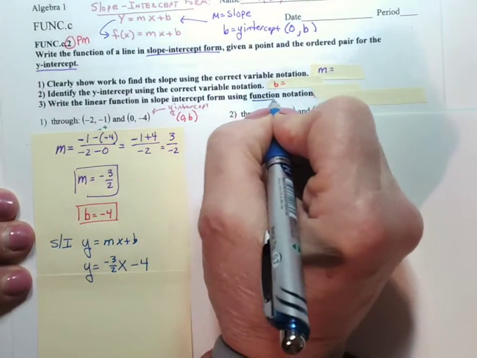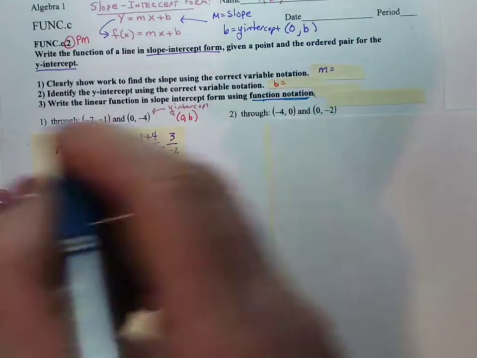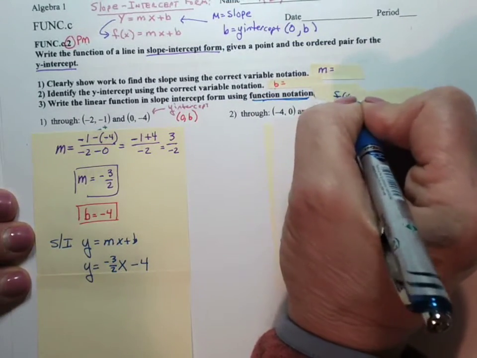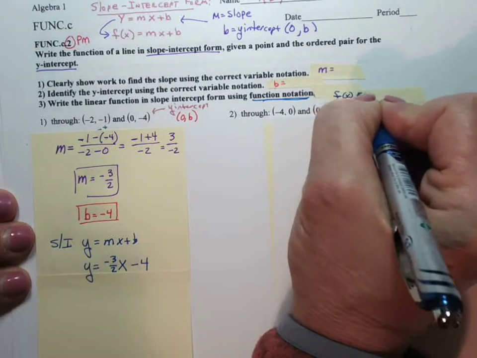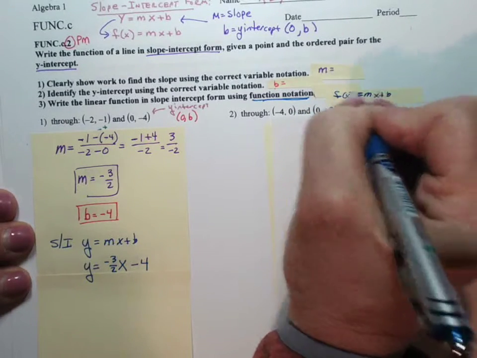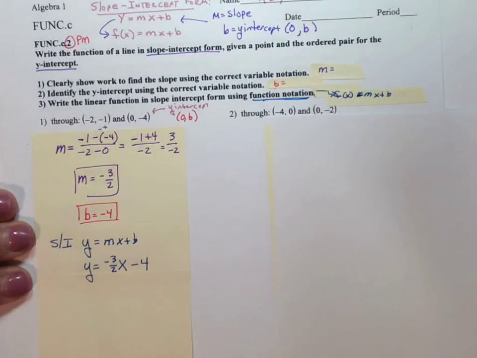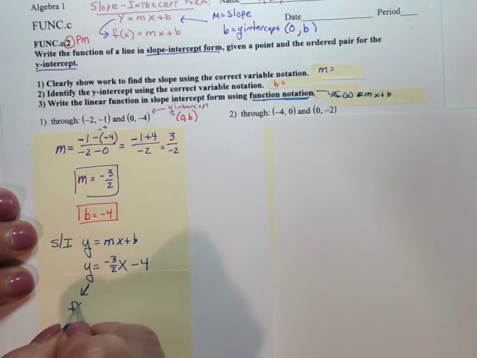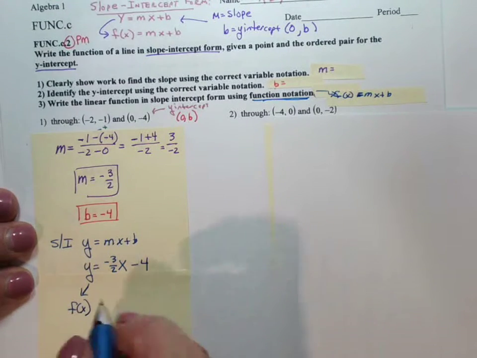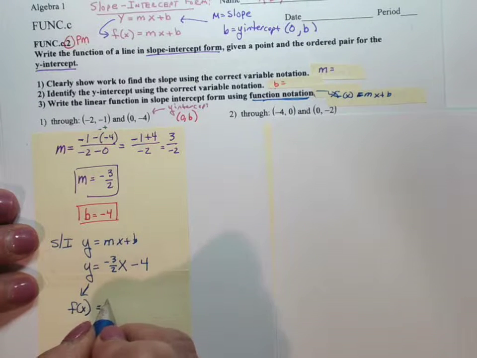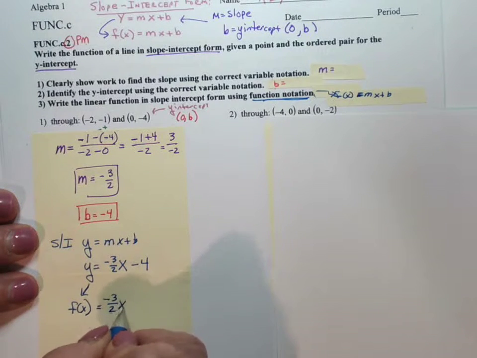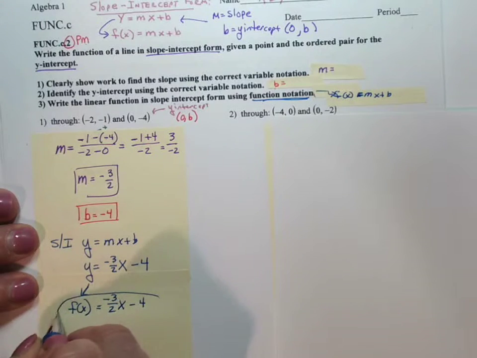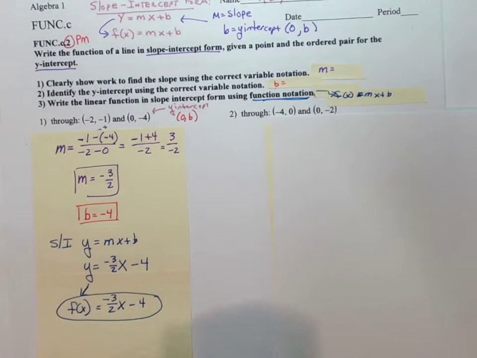But they want you to put it in function notation, which means f of x equals mx plus b. So that's easy. We just change that y to f of x equals -3/2x minus 4, and that is the equation of this linear function in slope-intercept form.